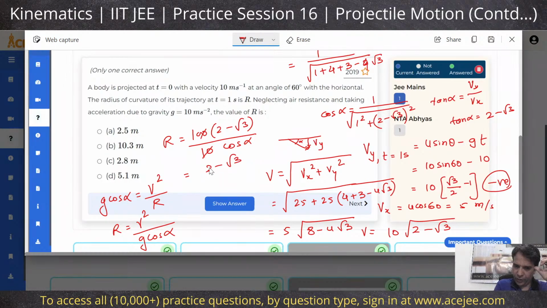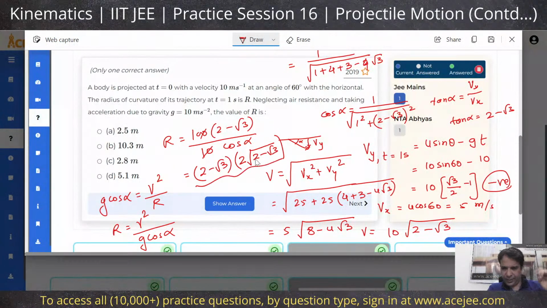So how much is cos alpha? So cos alpha will be root 3 plus 1 upon 2 root 2, so the answer is 2 root 2 upon root 3 plus 1. This is interesting. Is this the answer? 2 minus root 3, not the most graceful unless I made some mistake here.